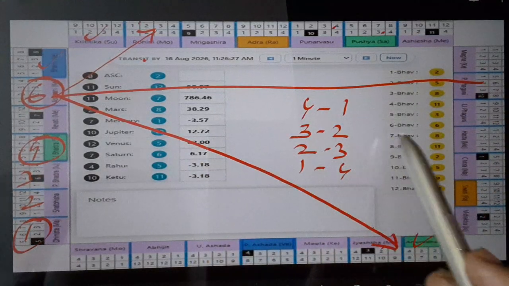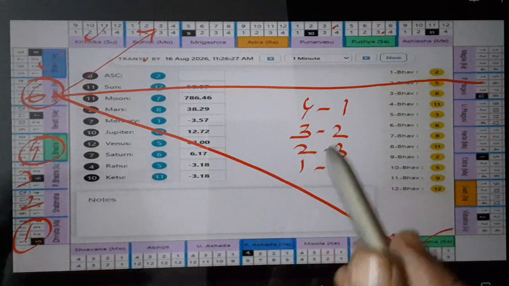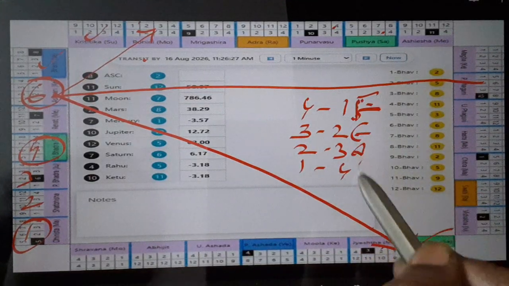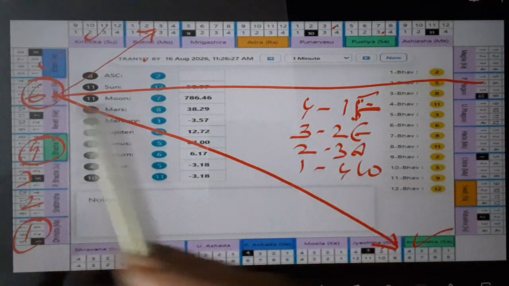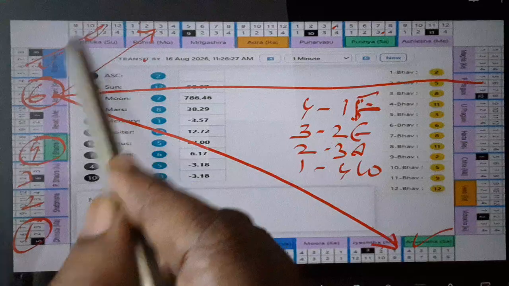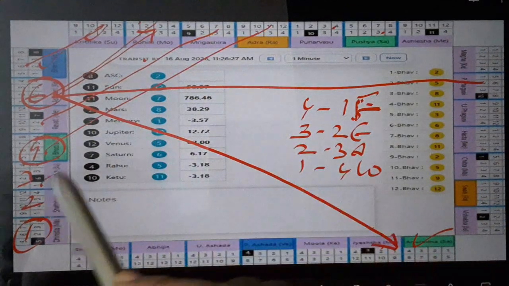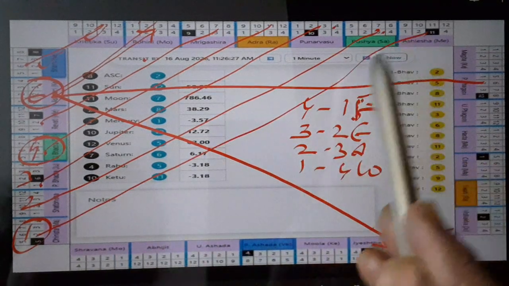All the rest of the Navansh values will be fixed. Only these are the fire, earth, air and water, as we know. So this is how we can simply memorize: 1 will go to 1, 2 will go to 2, 3 will go to 3, 4 will go to 4, 5 will go to 5, 6 will go to 6, 7 will go to 7.